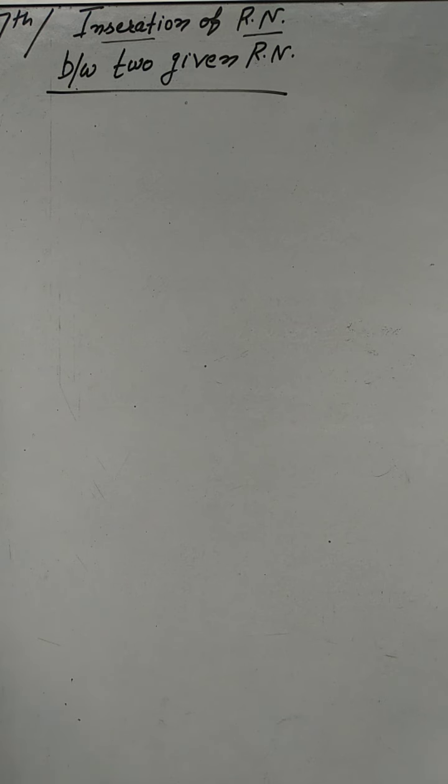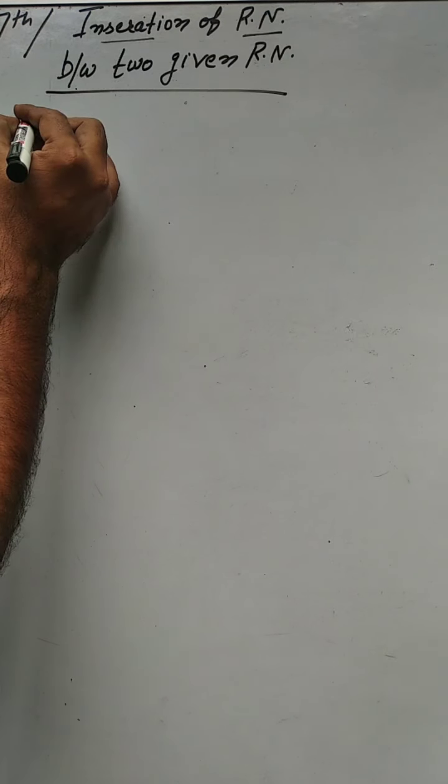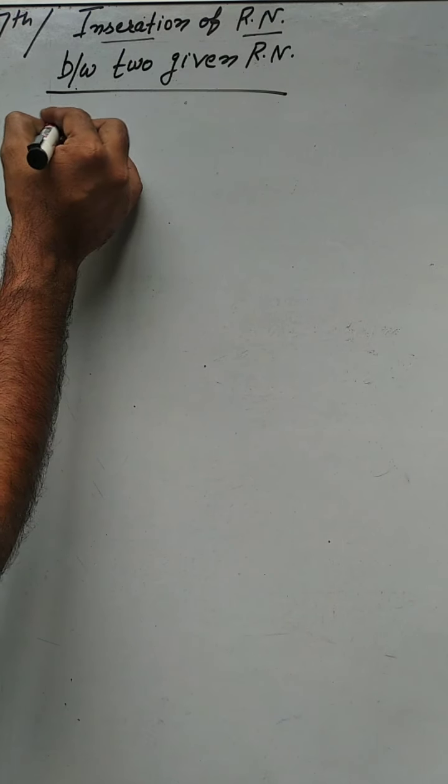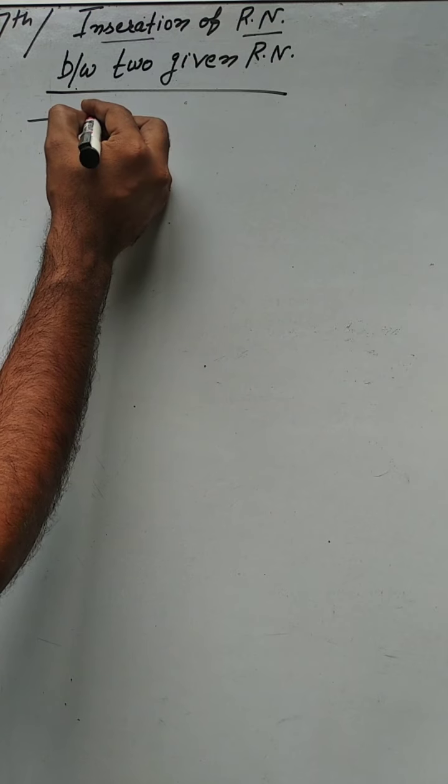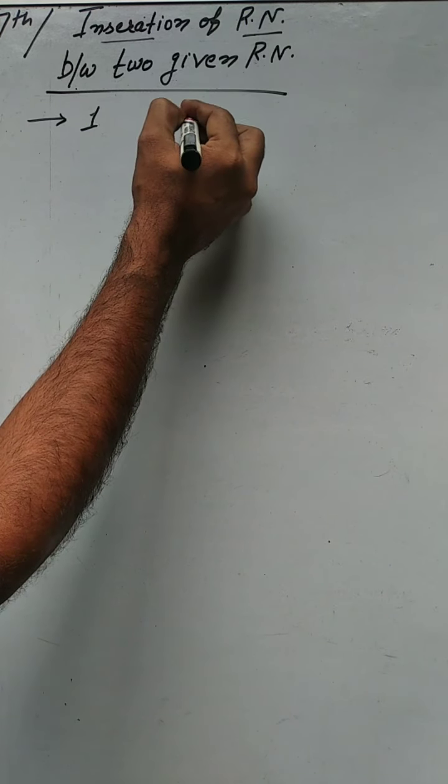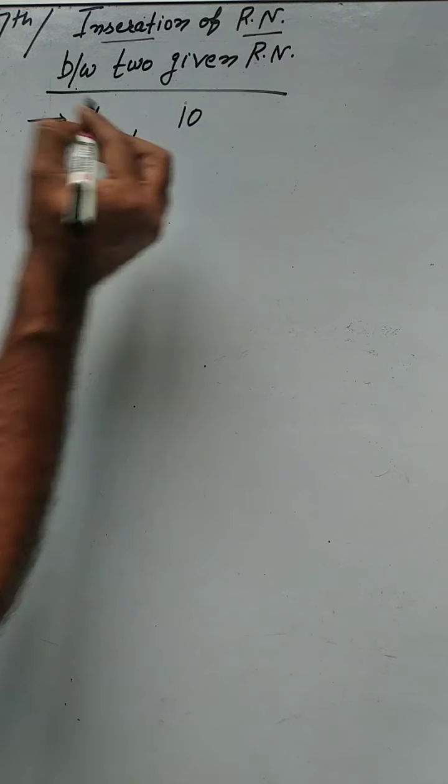But in the previous class you have studied about the integers. For example, you have integers 1 and 10. We have two integers, 1 and 10.